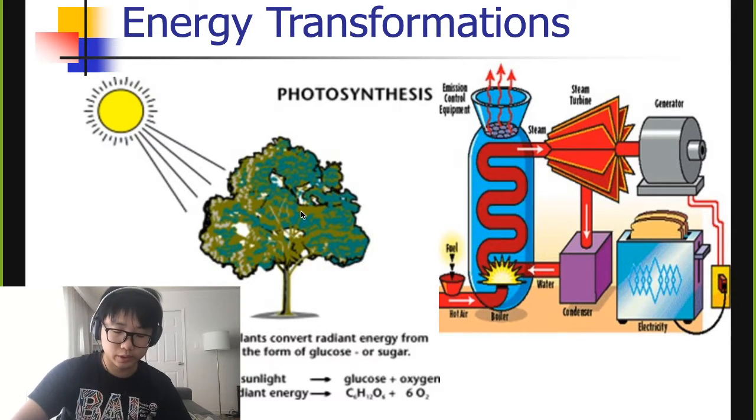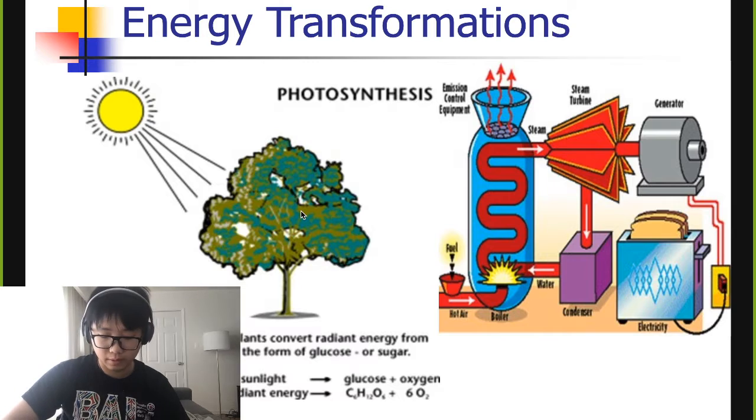So here we see sunlight provides energy, right? Plants convert that using photosynthesis, water plus carbon dioxide, giving you glucose and oxygen. And then in return, we eat it, and we use cellular respiration, as you learn in biology.